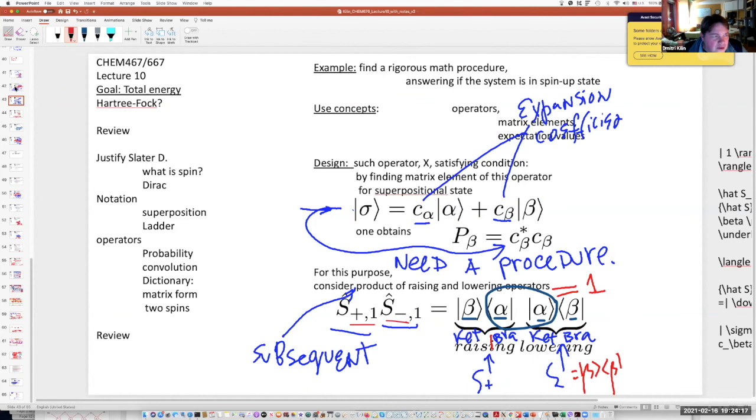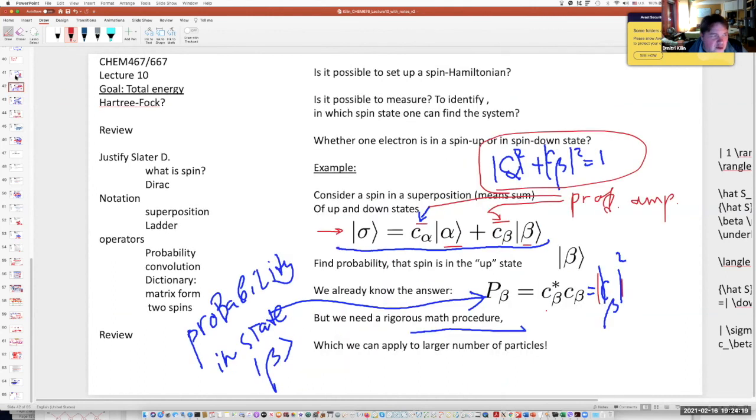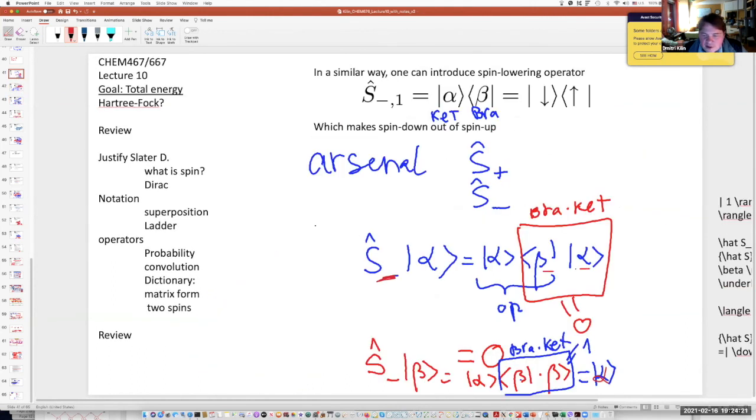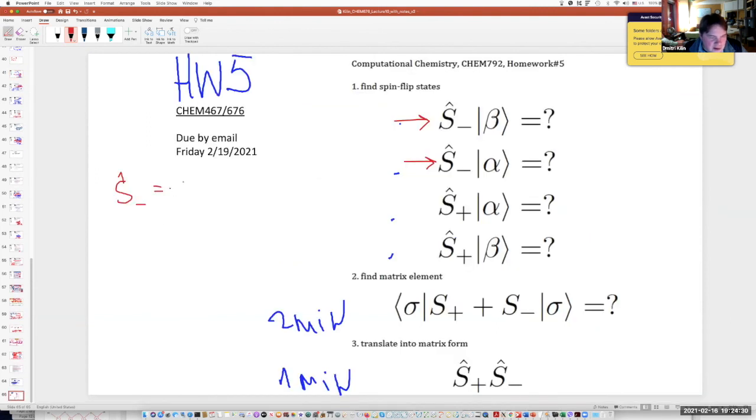So let's scroll through and find how we defined S minus. We defined S minus as alpha times beta, right? So let's go to the last slide and just rewrite it. Alpha, beta, and the ket times bra, right?